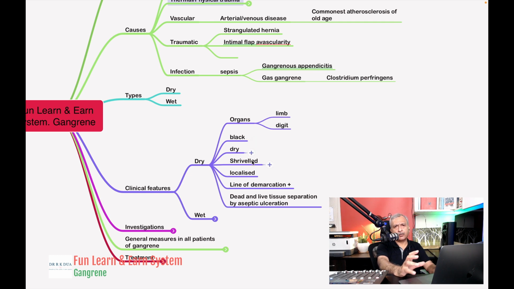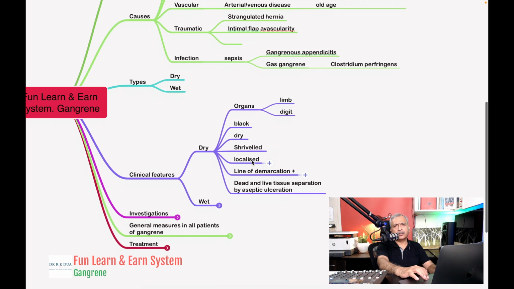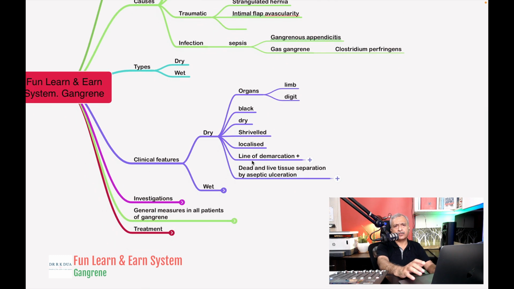and it is a localized gangrene, not as in case of your wet gangrene where a lot of area is involved, and sometimes the proximal skip lesions are also there. So those skip lesions, that means those lesions which are present just proximal to the site of injury, site of gangrene, may be missed during the amputation.